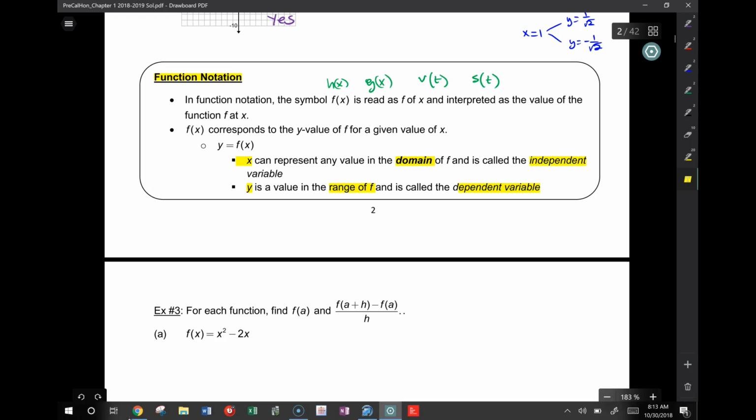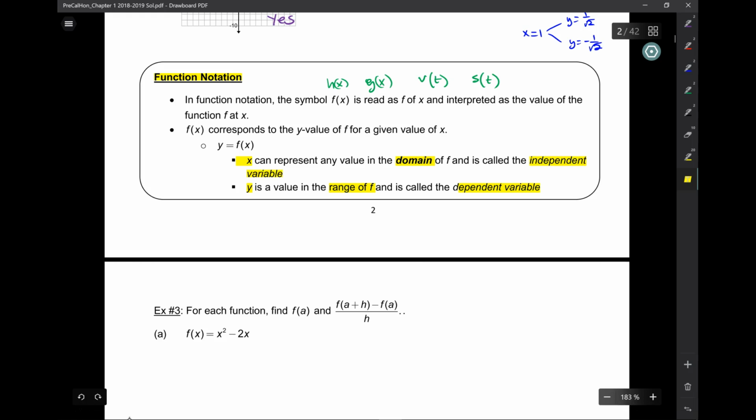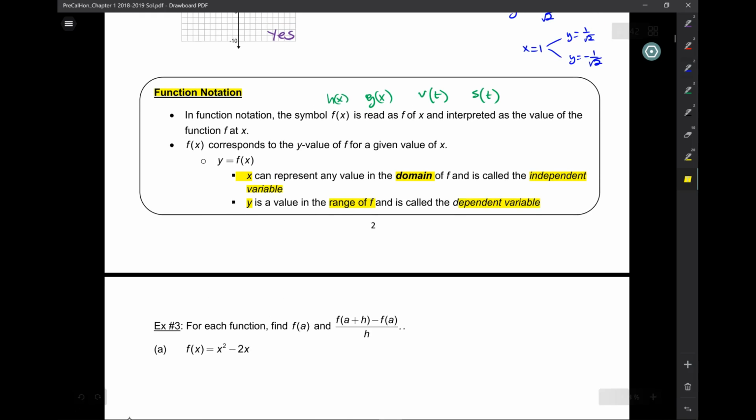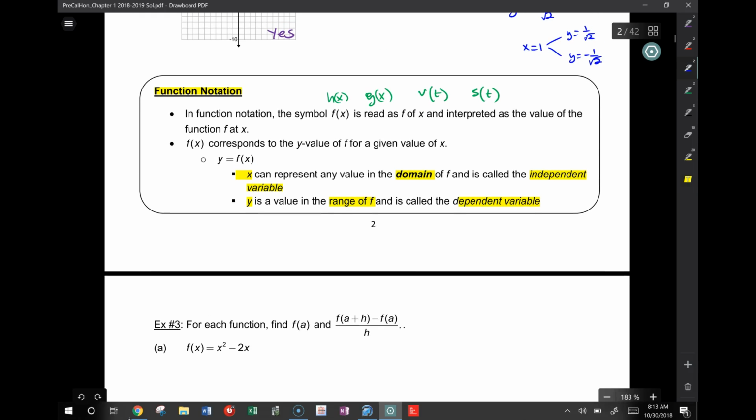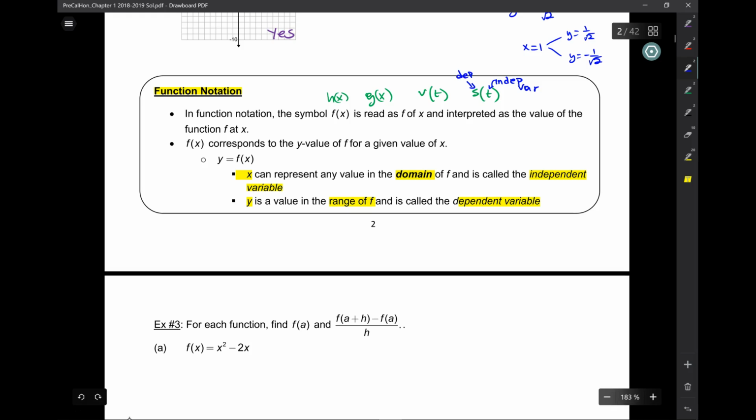So then x is the independent variable. So you always have in this notation the independent and the dependent variable. For example, in the case of s of t here, t is the independent variable and s is the dependent variable. So what do those two terms mean? Dependent and independent.